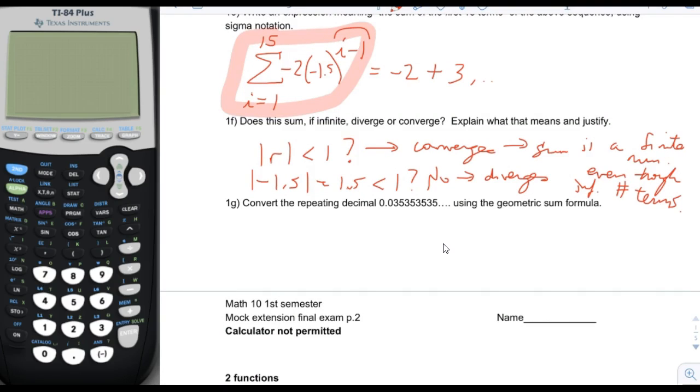Convert the repeating decimal 0.035353535 using the geometric sum formula. So the trick here is we're going to express this sequence as a sum. Okay, and so the first number is going to be 0.035, the first repeating part. And then I'm going to take the second repeating part and add it here. It's going to be 0.00035.